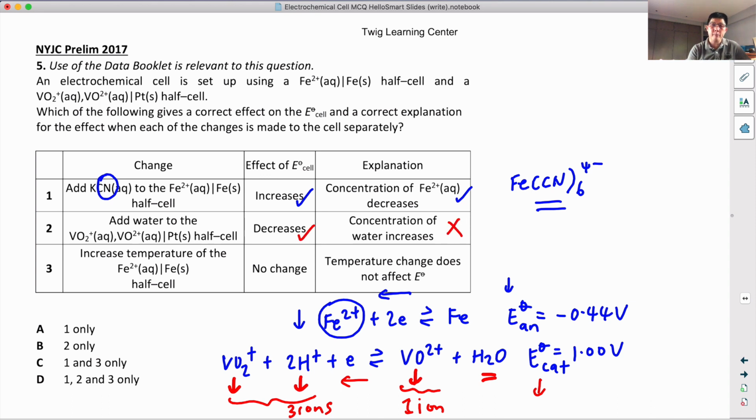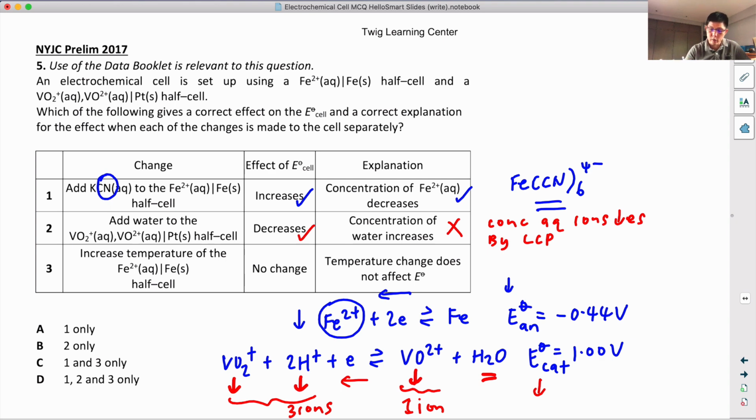The explanation is because the concentration of the aqueous ions decreases. So by LCP, it wants to favor the production of more aqueous ions.